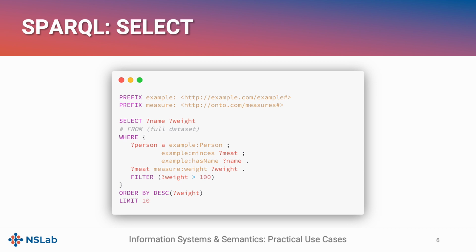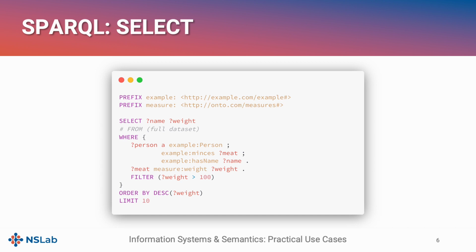Moreover, we can use something more than just these patterns of triples, which are basically written in Turtle format. We can use some keywords, in this case filter, and we are stating that we want just those matches where weight is higher than 100 grams. We can also use some additional parts of this SPARQL query, for example, ordering by weight in descending order and limiting to the top 10 results.